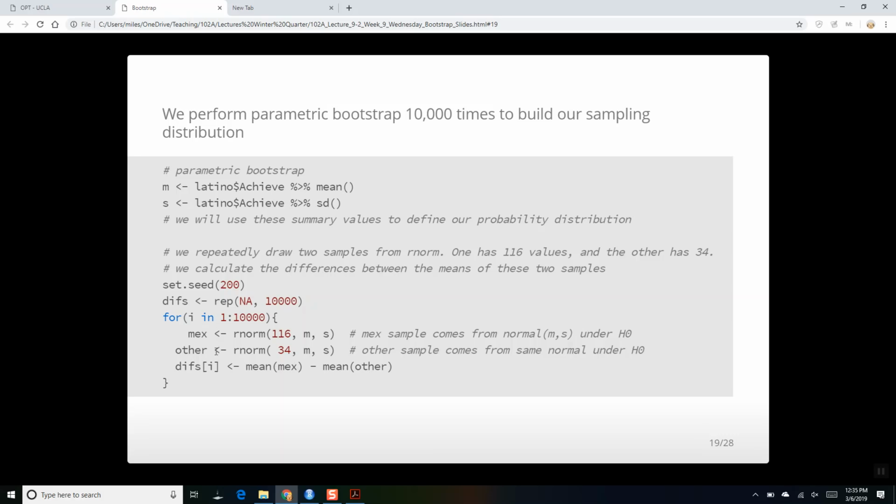Then we calculate the mean of each simulated sample, take the difference and record it. This produces a whole bunch of differences between the two groups if we assume that they come from the same population, which is what our null hypothesis states.